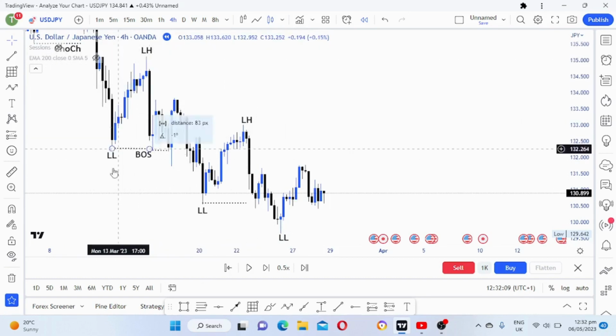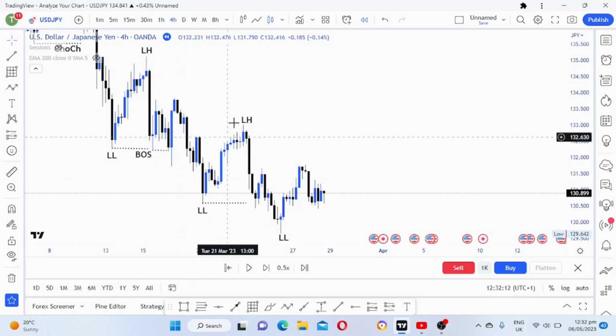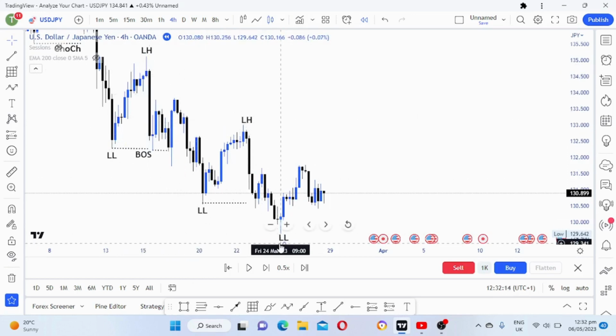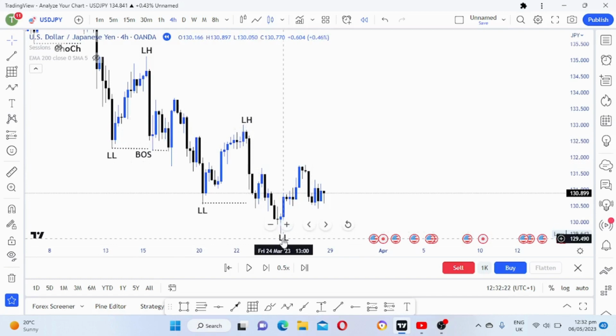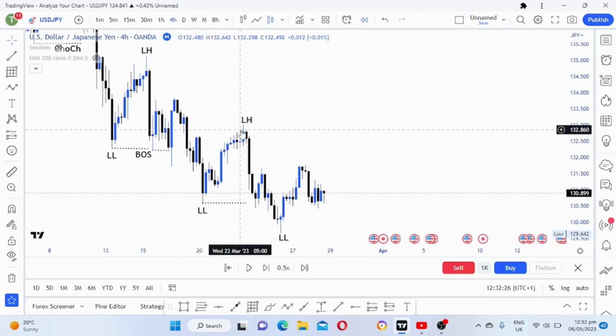Price now is in the middle of a lower high and a lower low. So if price comes and breaks this previous high, this strong high, then it's a confirmed change of character.